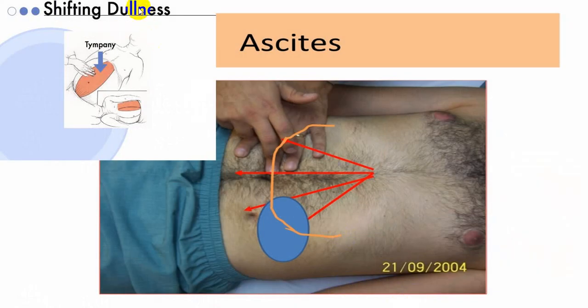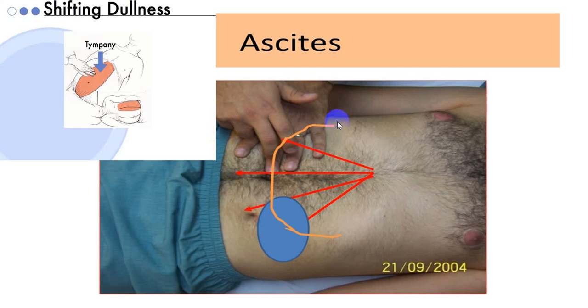For detecting a horseshoe shaped dullness, you will have to percuss from the xiphisternum along the right costal margin to find out the dullness. Starting from the right side towards the left side, you will get dullness in this area, this area, and this area. So you have dullness on the two lateral sides, starting from the right hypochondrium, right lumbar, and right iliac fossa, and also in the hypogastrium.